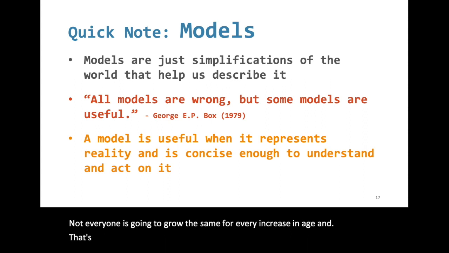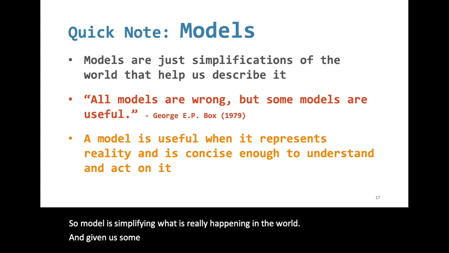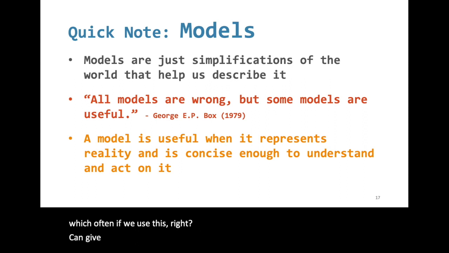What regression is trying to tell us is what happens on average. So a model is simplifying what is really happening in the world and giving us some information about the relationship between these variables, which often, if we use this right, can give us information that is actionable.